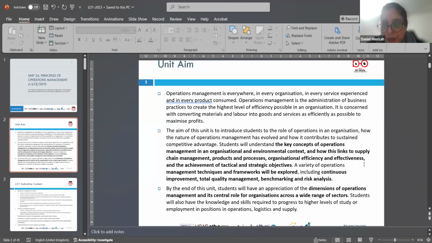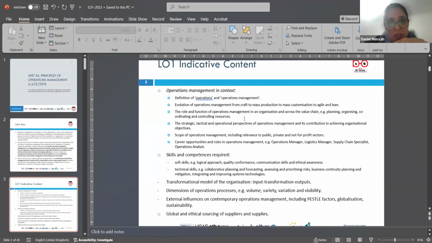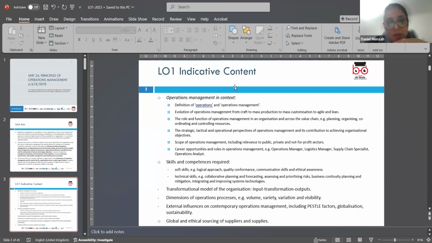In the upcoming slides, we will learn why operation management is very important and how it helps the business to improve their processes, productivity, and profitability. Today we are trying to cover learning outcome number one.